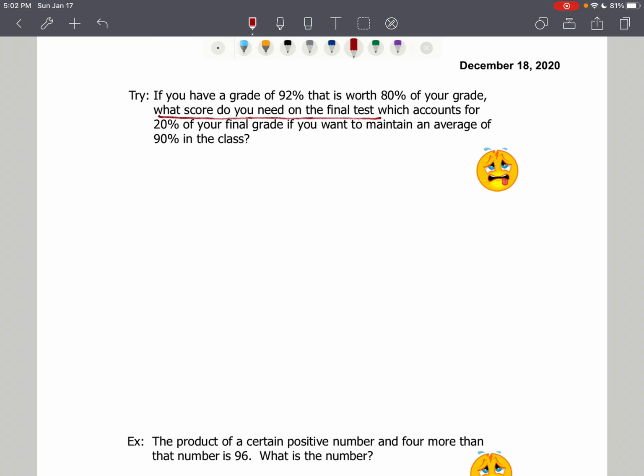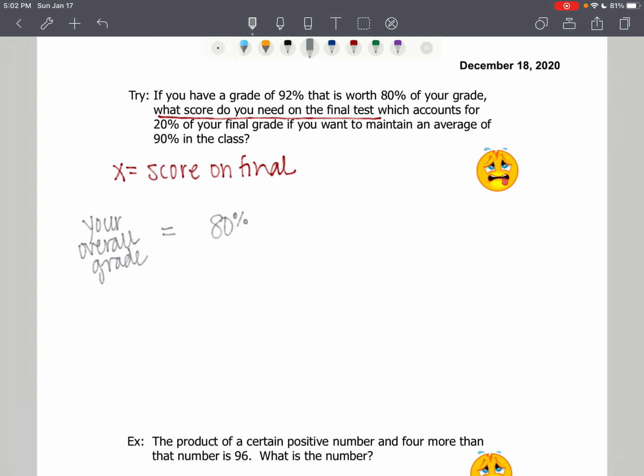Okay. Your current grade is a 92%, and that's worth 80% of your grade. So let's talk about your grade. Your overall grade is equal to the 80% portion plus the 20% portion. You want your overall grade to be a 90%.